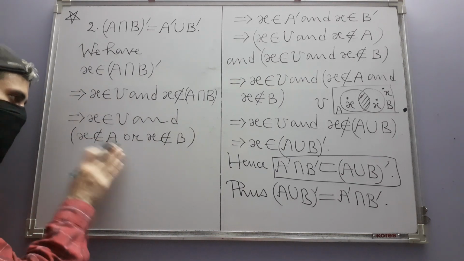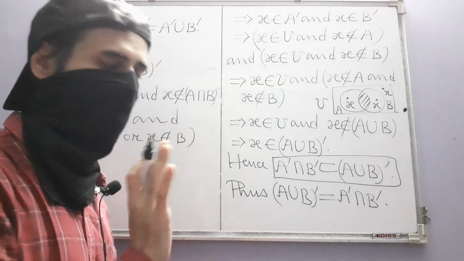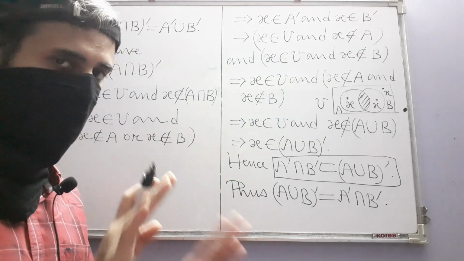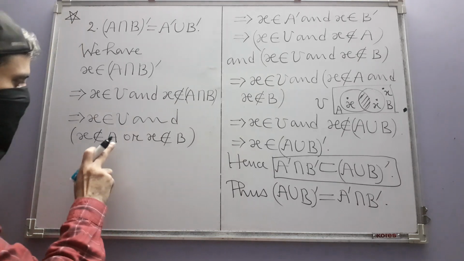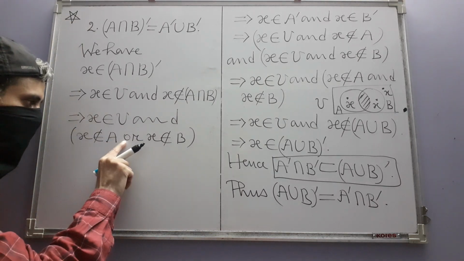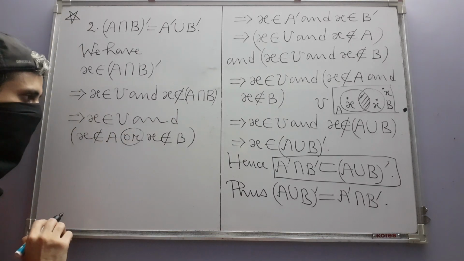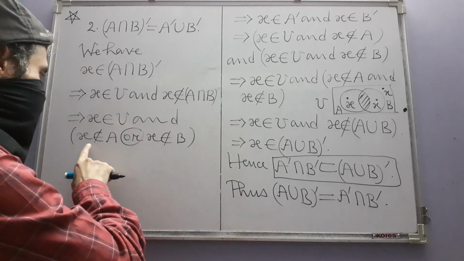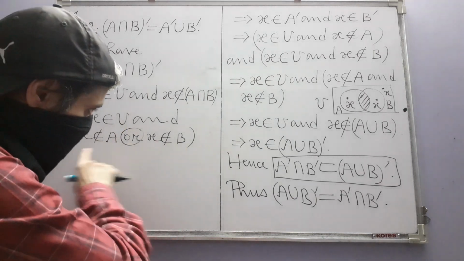X has to not be in either A or B. It cannot simultaneously be in both. Again, recall that because OR is inclusive OR, this also means that, what does this OR statement mean?